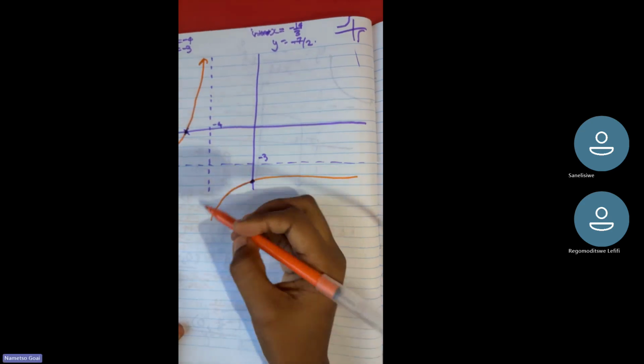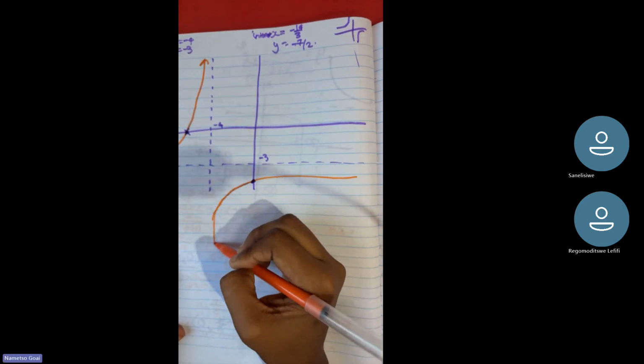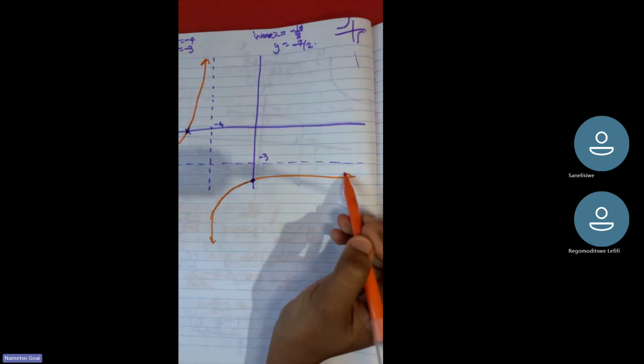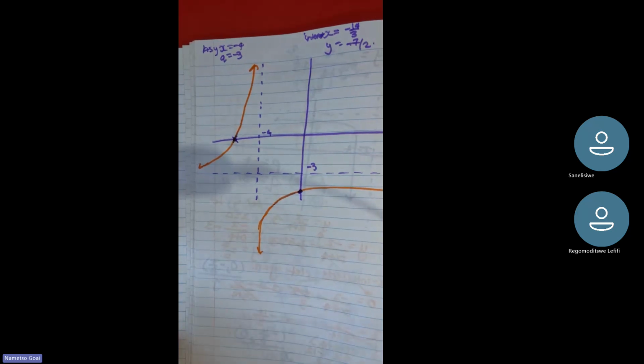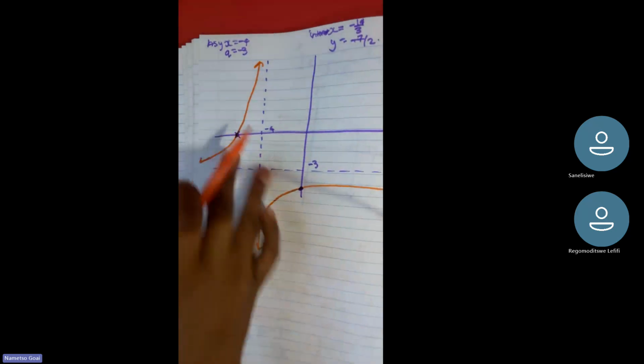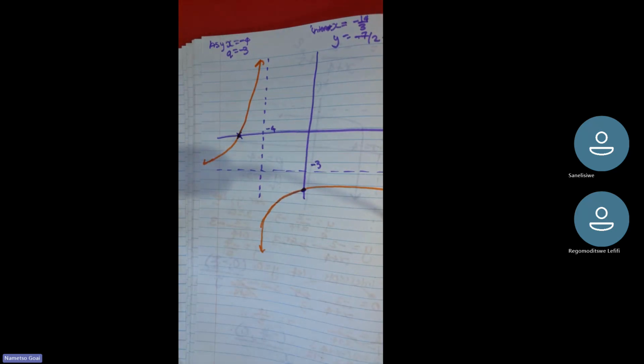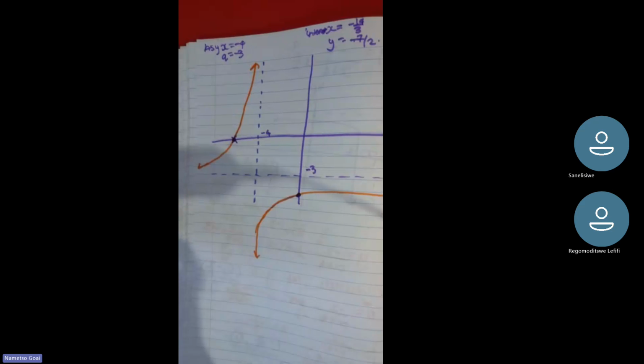It will never ever touch your asymptotes. So this is roughly what your graph would look like. Of course, it looks a little sketchy because it's not drawn to scale, but if it was, it would look proper. You guys get that? Okay, cool. Now I'm going to send another question to the group.